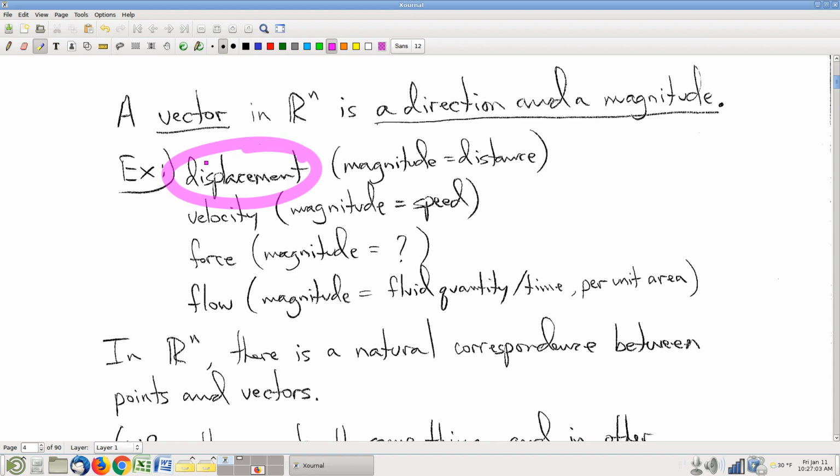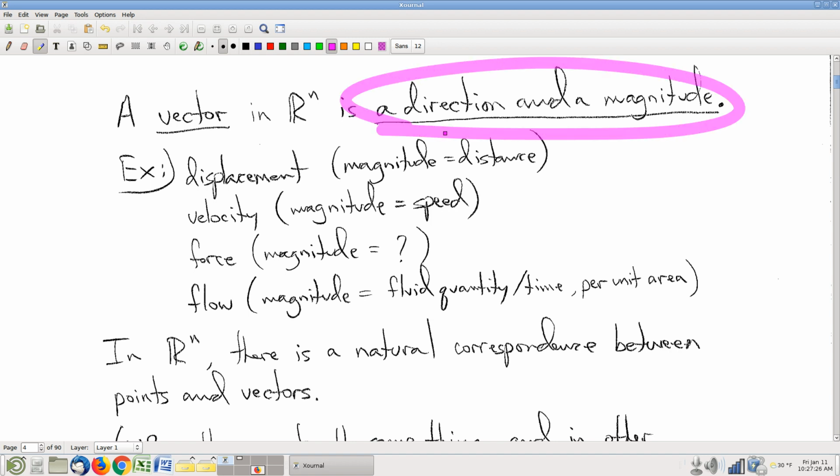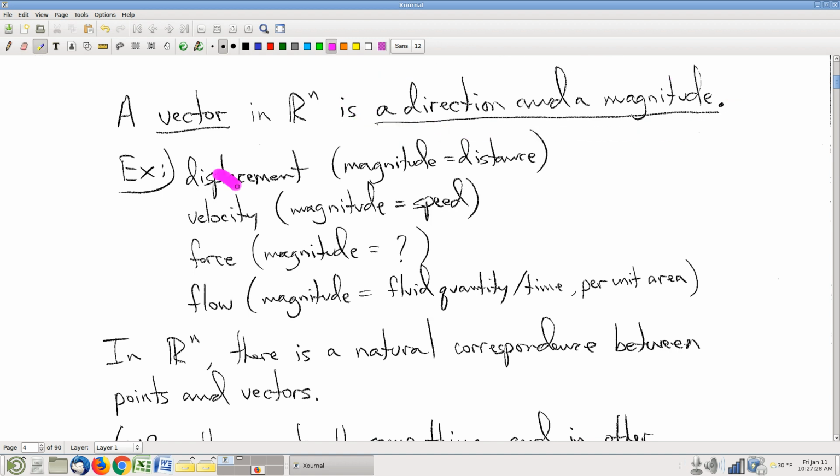Such as, wherever you might happen to be, you could say, walk west by 20 meters. That's a direction, west, and a magnitude, 20 meters. Okay? So a vector, whatever that is, this particular combination is the perfect mathematical tool for representing the physics concept of displacement.